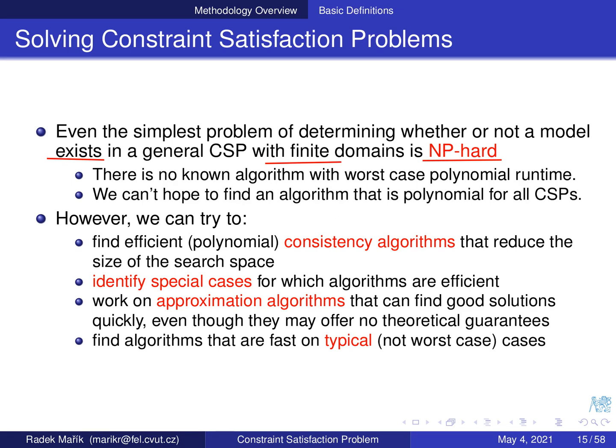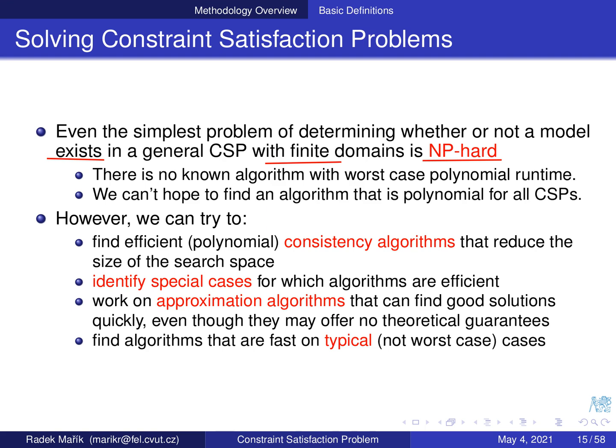And there is no hope to find an algorithm that is polynomial for all CSPs. On the other side, we can find very efficient polynomial consistency algorithms that are able to reduce the size of the search space, and you will see them later on.